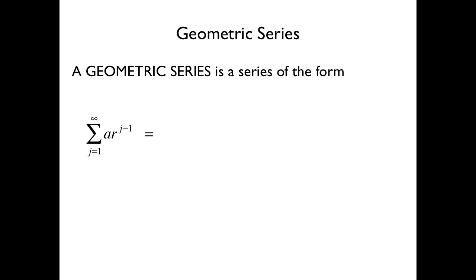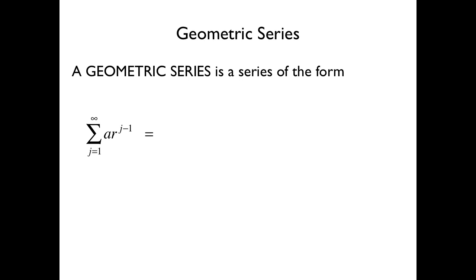When you see those symbols, what does it represent? What do you think when you see that? The sum of all the values from j equals 1 to j equals infinity of a r to the j. And can you tell me what those are? So the first one will be a r to the 0. The second will be a r to the 0 plus a r to the 1.